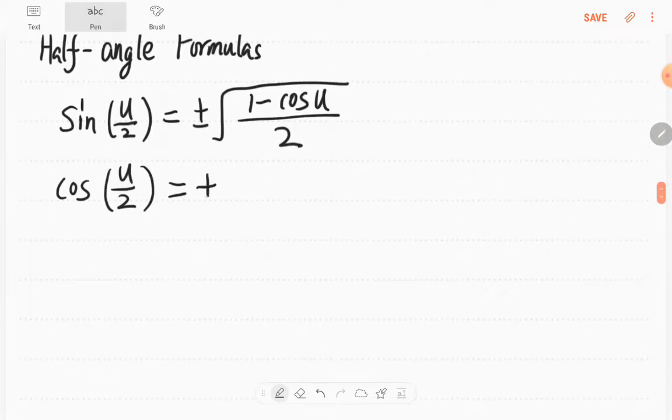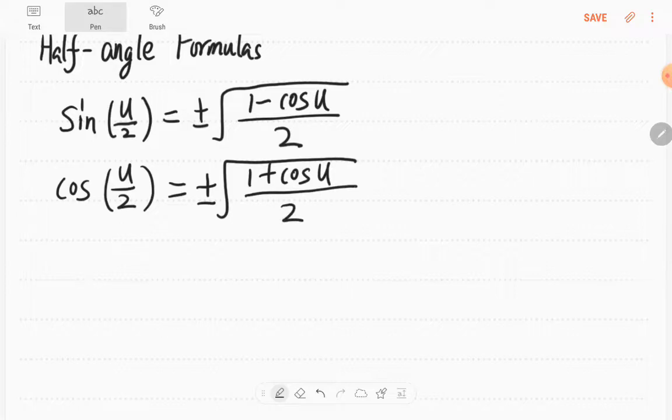It depends on the choice of u over 2. If u over 2 is in the first or fourth quadrant, it would be positive. In the second and third quadrant, it would be negative, right?